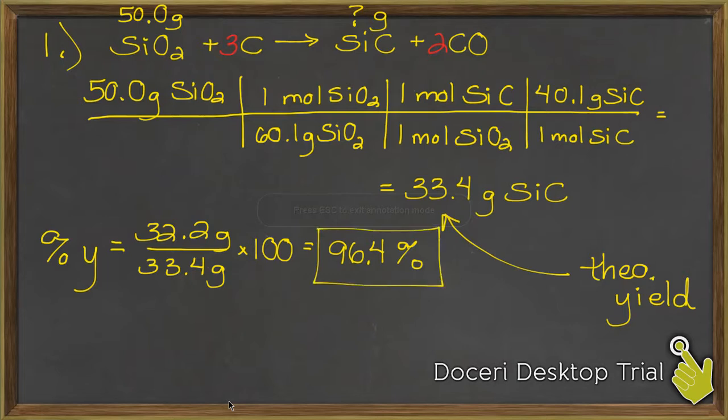Okay. And guys, if you think about it, what percent yield represents, it's kind of like putting a number on how good your lab skills are. If you run a reaction in a lab and you do really well and you're very careful and you minimize error as much as possible, you should get a percent yield pretty close to 100.